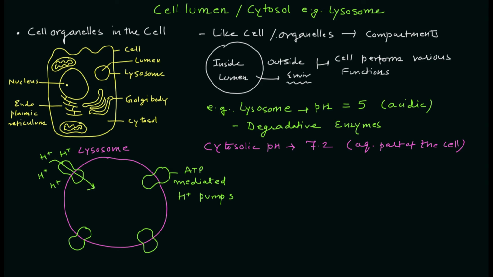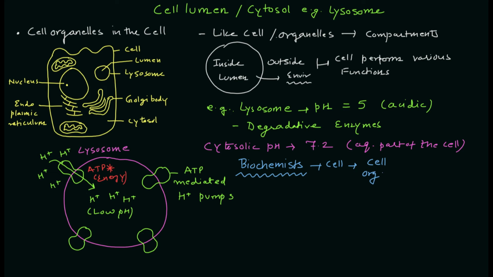The role of these pumps is to utilize the ATP molecule, utilize the energy, and then accumulate those protons inside the lysosome lumen, right? Because of that, you'll have a high concentration of protons, and that will cause a decrease in the pH.